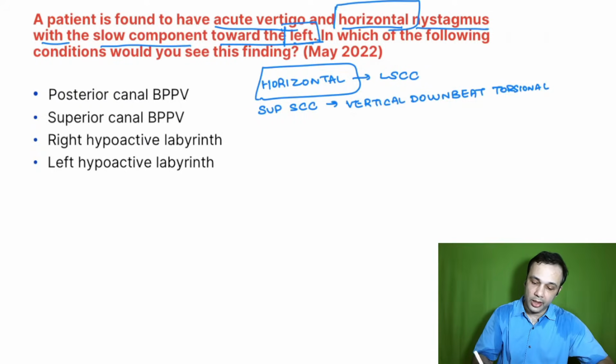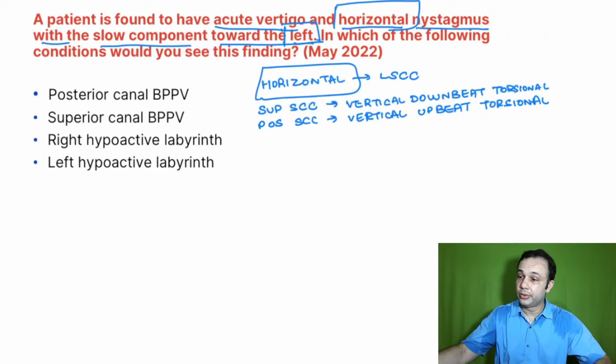If you are looking at a posterior semicircular canal, you are looking at a vertical upbeat torsional nystagmus.